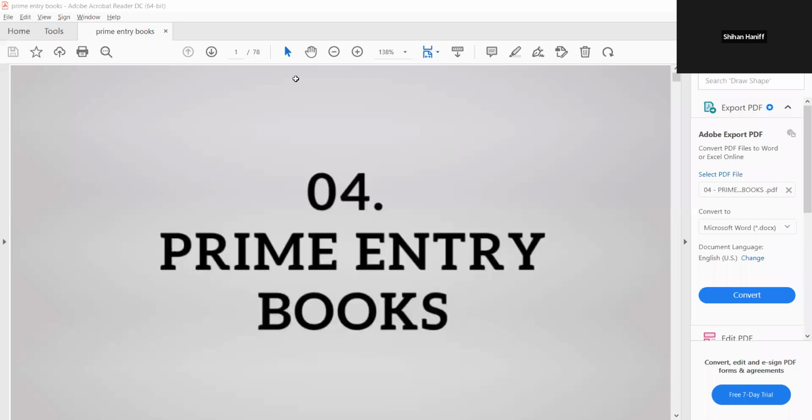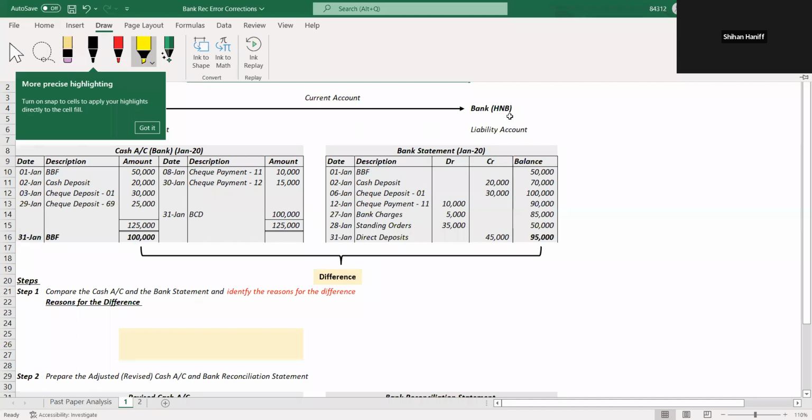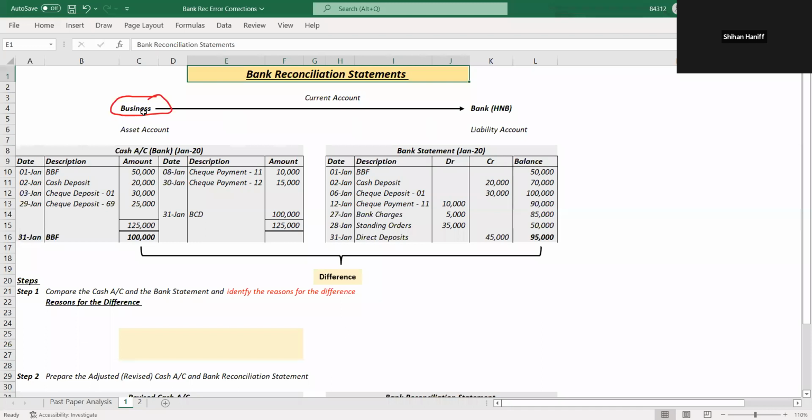Normally a business will maintain a current account with a bank. Say the business is maintaining a current account with Hattha National Bank. For the business, this current account is an asset account.